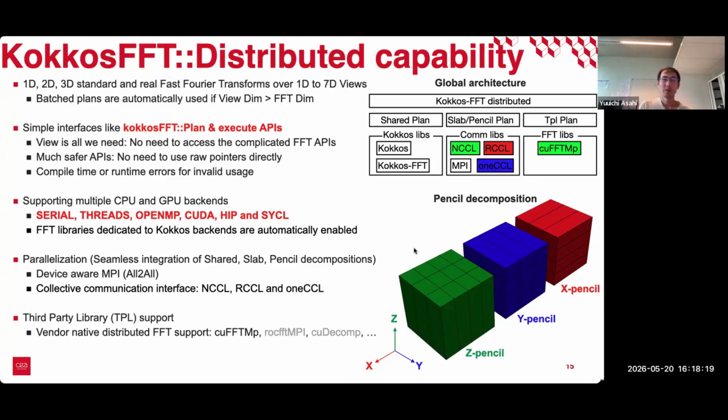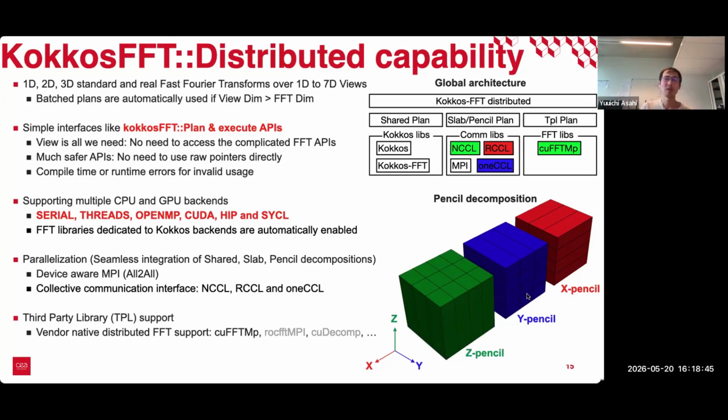In distributed FFT, you may imagine some sort of pencil structure. If you say Z pencil, it means that all the data points are available along the Z direction, but distributed along the Y and X directions, as you can see in the green cube. On the other hand, Y pencil means along the Y direction everything is available, but not for the X and Z directions. The same goes for the X pencil.